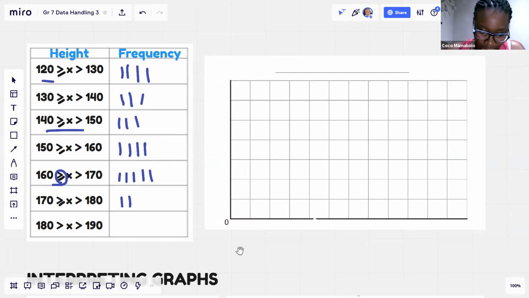And if we look on our table over here, we can look at how many of these we have. Let's count the spaces and see how we can possibly split this up. We've got 1, 2, 3, 4, 5, 6, 7, 8, 9, 10, 11, 12.